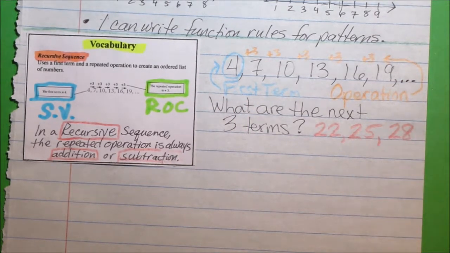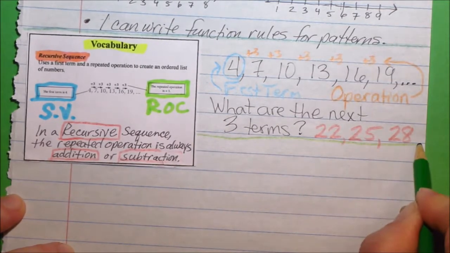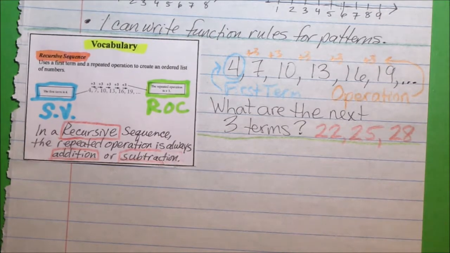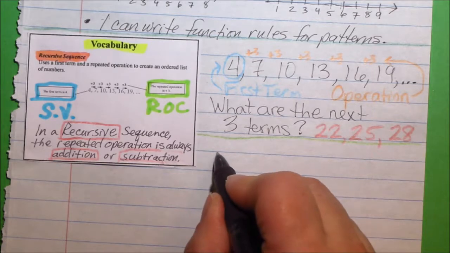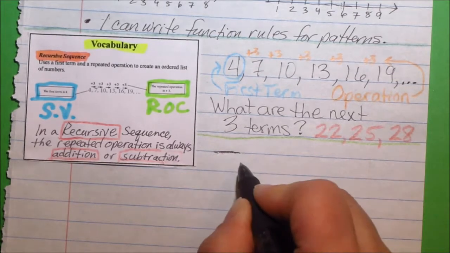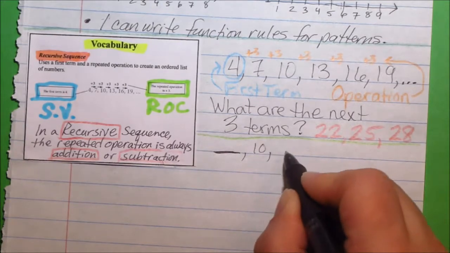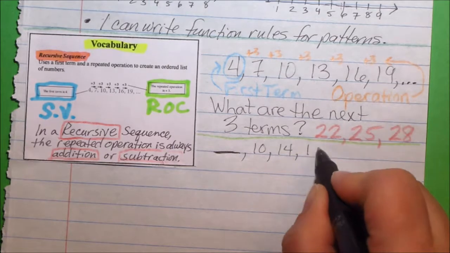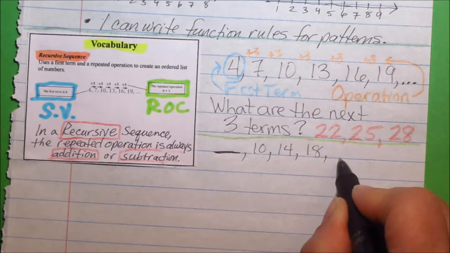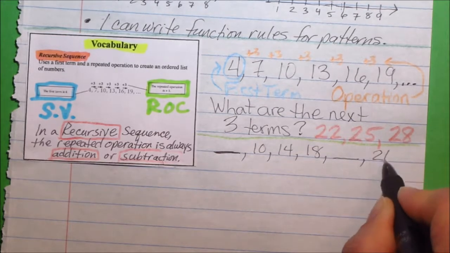All right? Okay, so now I'm going to draw a light green line under this, because now we're going to move on to a different kind of problem, okay? And that you will also see on your worksheet. All right, I'm going to draw a blank right here, and a 10, a 14, an 18, a blank, and a 26.